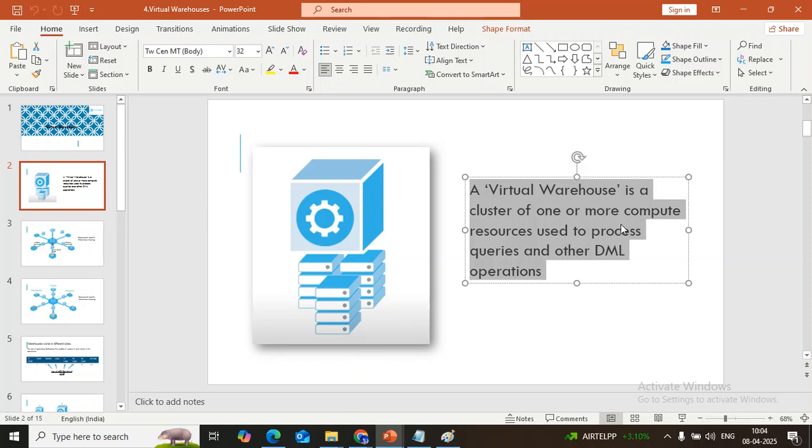Compute resources are a combination of CPU and a small memory, that is RAM, right?